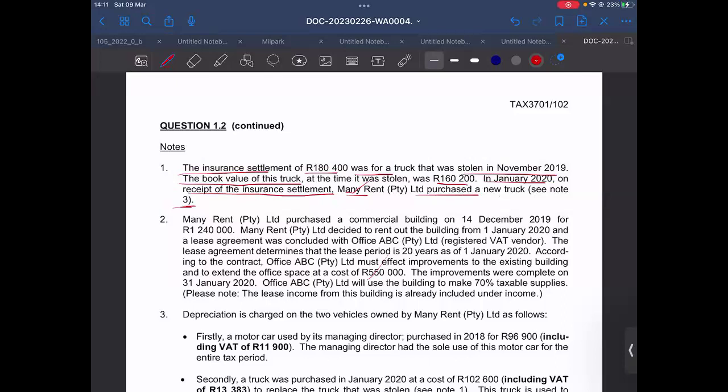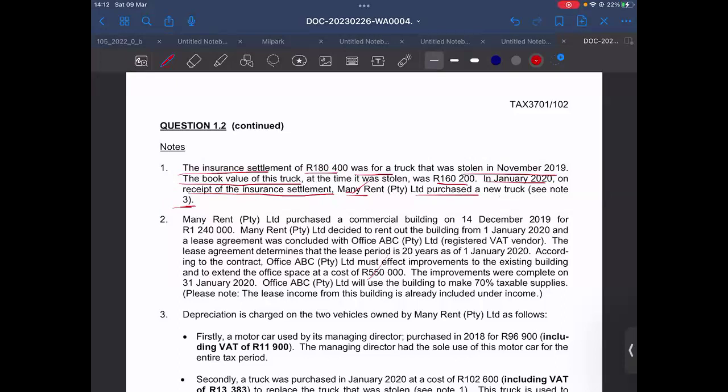Right, what we've discovered is the payout is for a truck which was stolen. Are we together? A truck, we know it's a delivery truck. If they just say truck, it's not a motor car, so it's for business use.